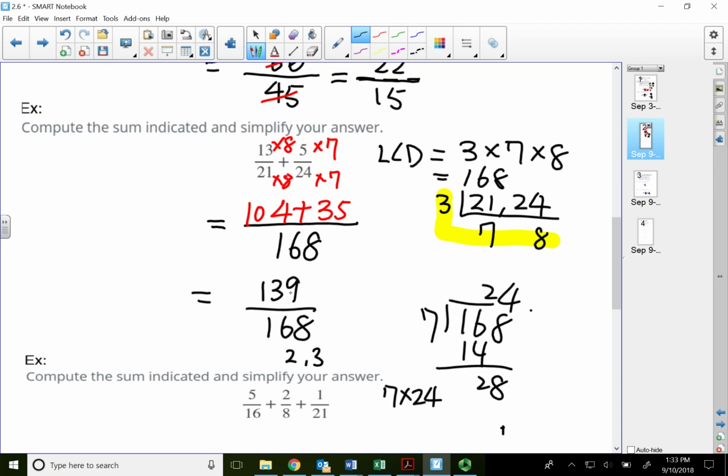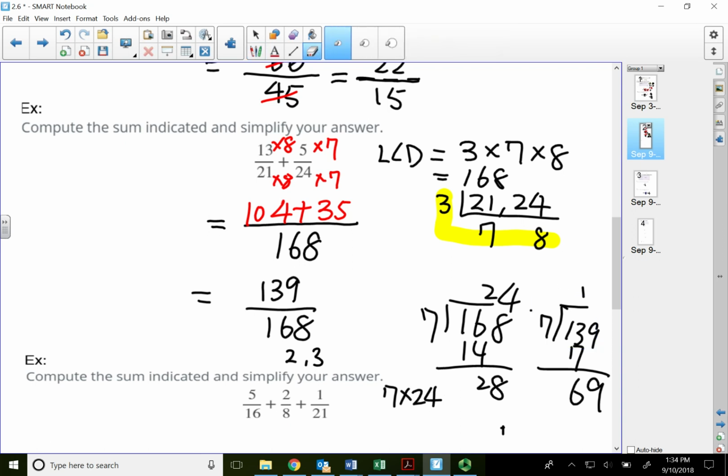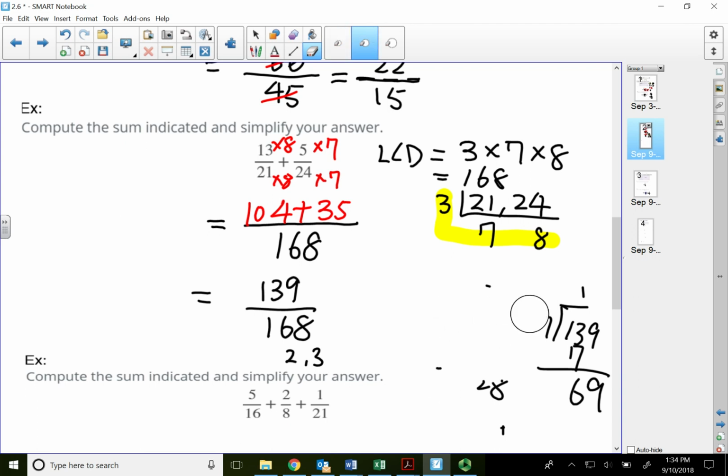All right, can 7 go into 139? 7 goes into 13 1 time, so that would be 69. 7 times 9 is only 63, so 7 cannot go in evenly. I know 24 cannot go in evenly. So I don't think anything will work. So 139 over 168 will probably be my answer.